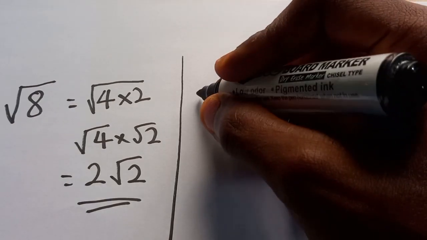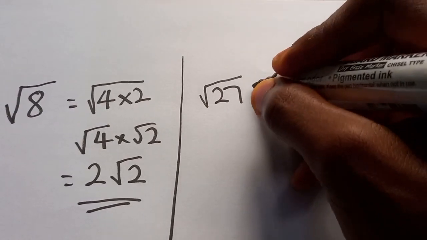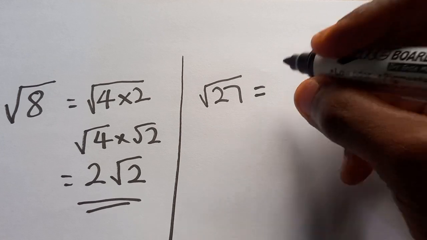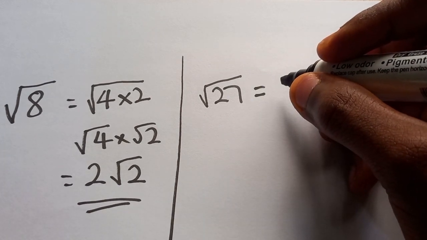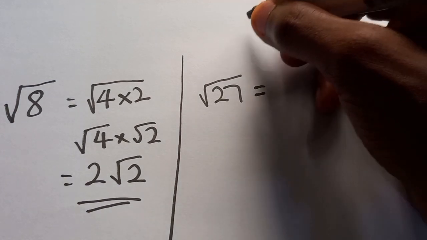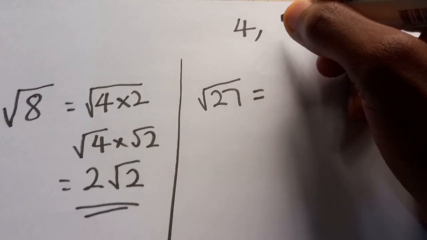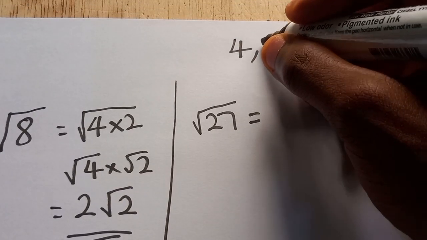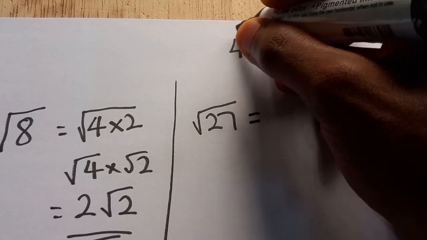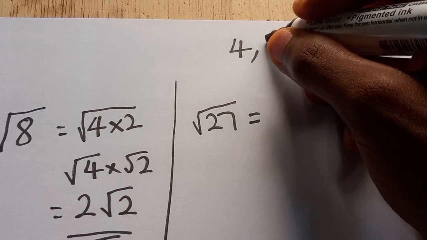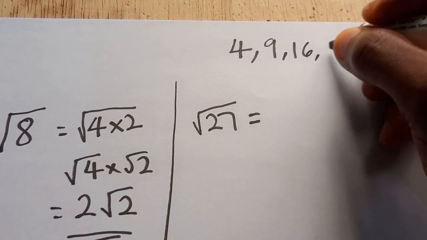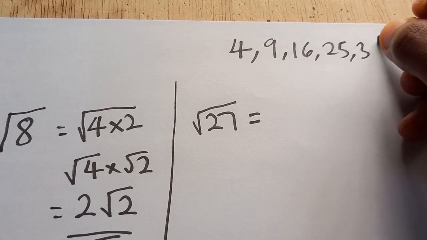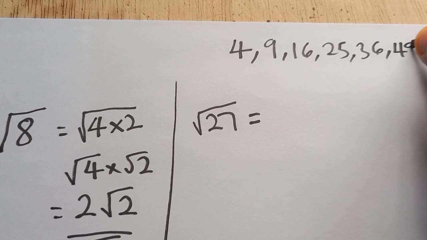Find the square root of 27. We are simplifying surds. What number? Let's say 4, 9. So in surds, you have these numbers in mind: 4, 9, 16, 25, 36, 49.